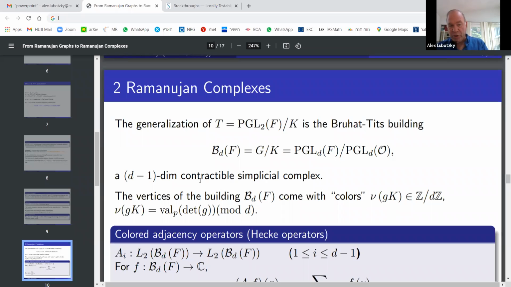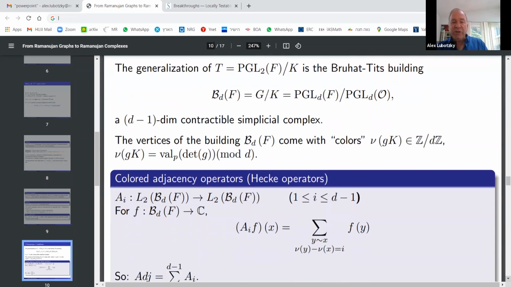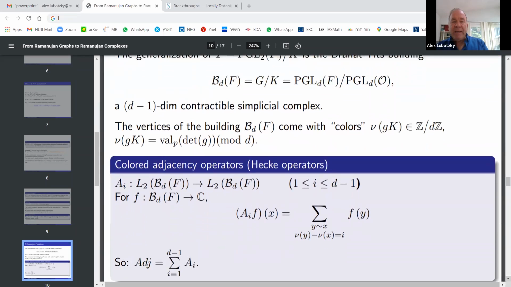Now there is a little story here, which again is a bit technical. I must say something about that, but I will rush. The vertices of the building come with natural colors. The best way to think of these colors is that they come with d colors, which are elements of the finite cyclic group Z mod d.